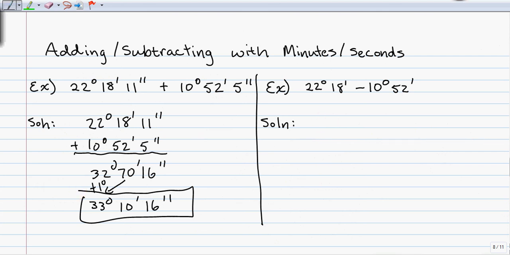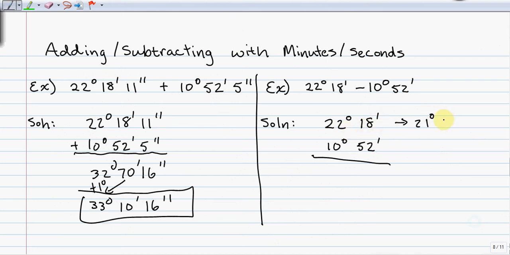To do subtraction, we can do it the same way. Okay? It's going to be very similar to subtracting longhand, where you might have to borrow numbers. So we want to start again on the right side, and if we subtract over here, okay, 18 minus 52 is a negative number. So what we want to do is borrow 1 degree, so 22 becomes 21 degrees, and that's going to add 60 minutes over here.